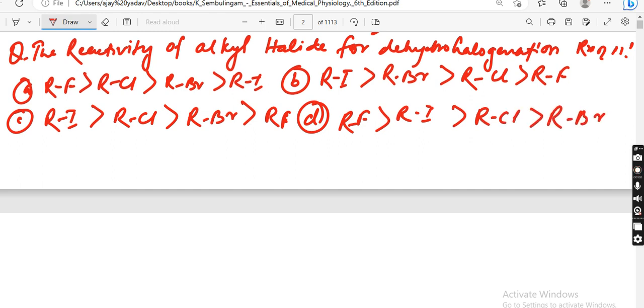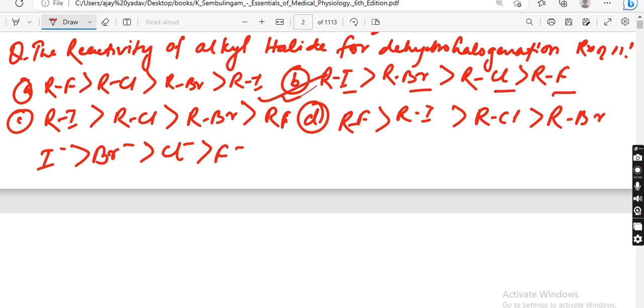First of all you have to understand the leaving group tendency. I minus is a better leaving group than Br minus, then Cl minus, then F minus. So R-I, R-Br, R-Cl and F. That's it. Option B.